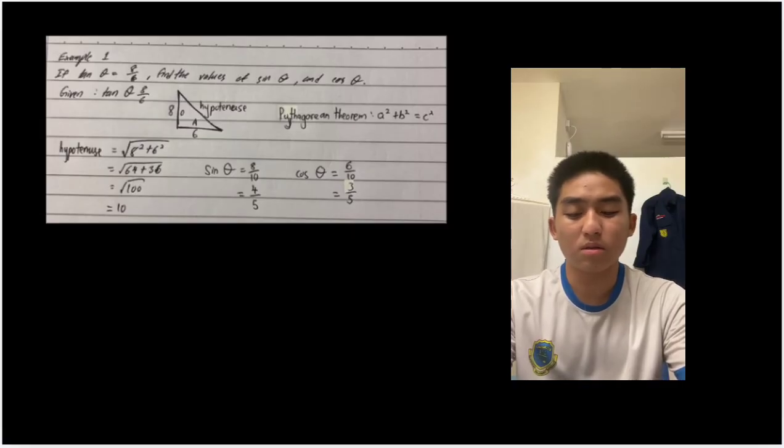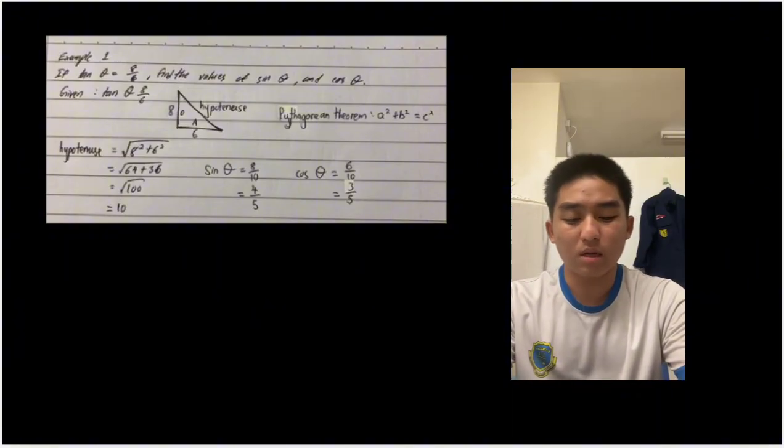The key to solving any problem like this is remembering what these ratios actually mean in a right angle triangle. Tangent is defined as the opposite over adjacent, so we can immediately label the two given sides of our triangle: the opposite side is 8 and the adjacent side is 6.